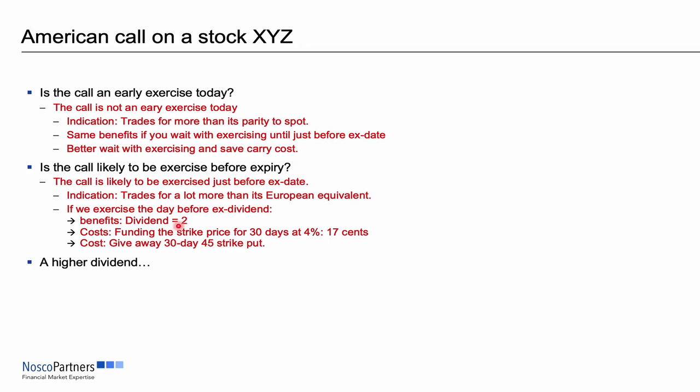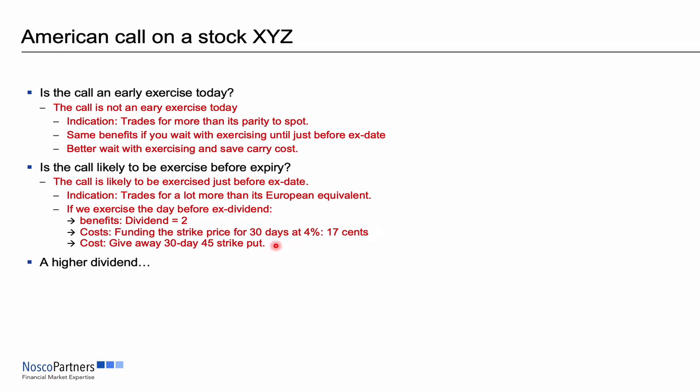What are the costs of early exercising? I have two costs. First, funding the strike price for 30 days at 4%. That means funding $45 for 30 days at 4%. That's a low amount, about 17 cents or a little bit less.